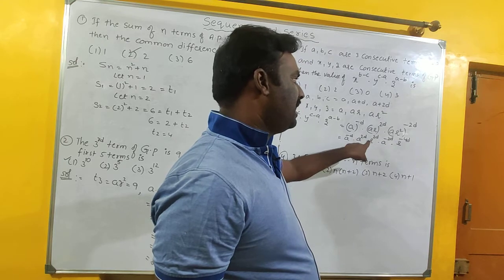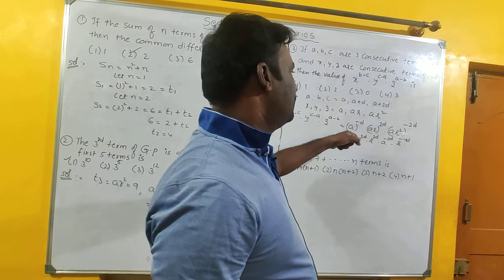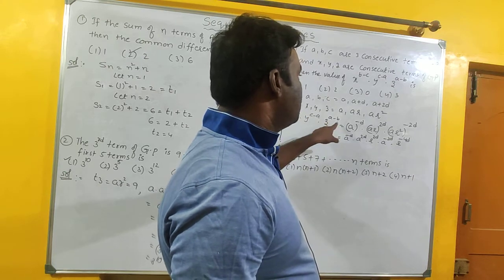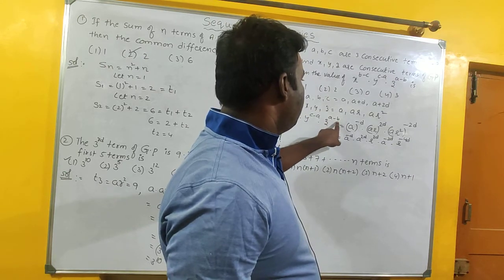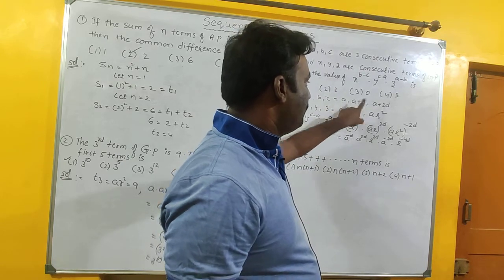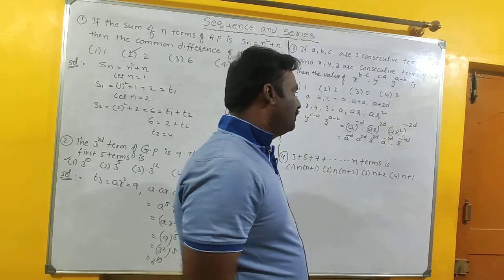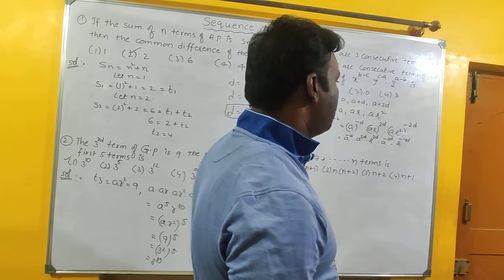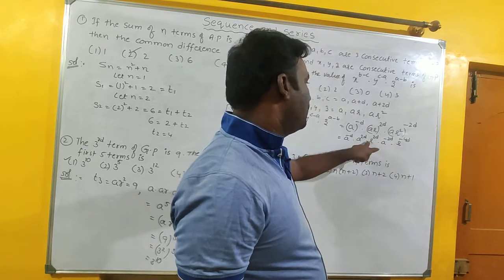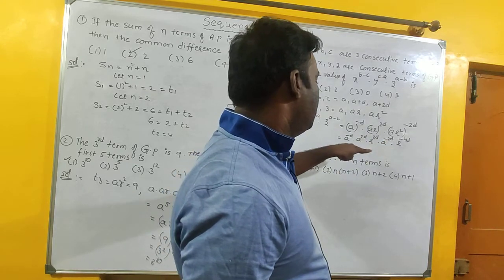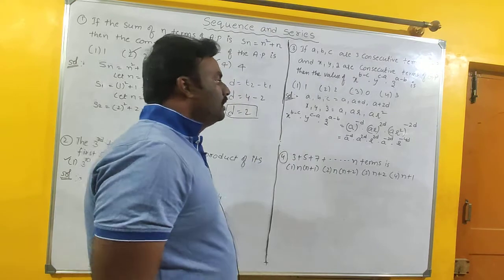Now you can add the powers. The R powers are minus 4D here and 2D here. If you simplify, then what will you get?